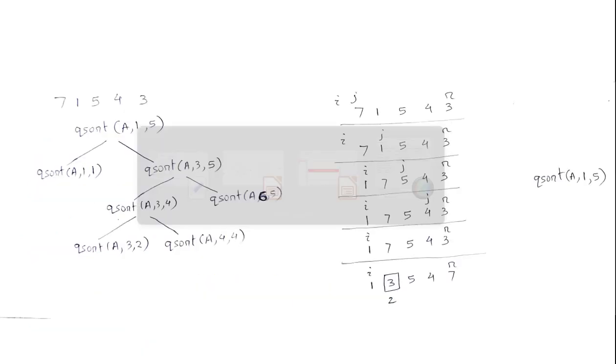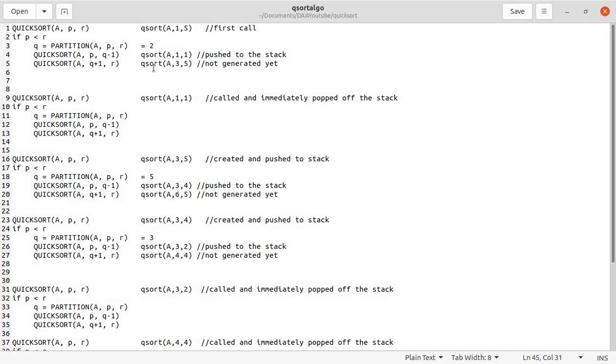So here we see the partition algorithm is called, and at the end of the partition algorithm the pivot, which is 3, got its place, which is index 2, and this index is returned, and the value is assigned to q.